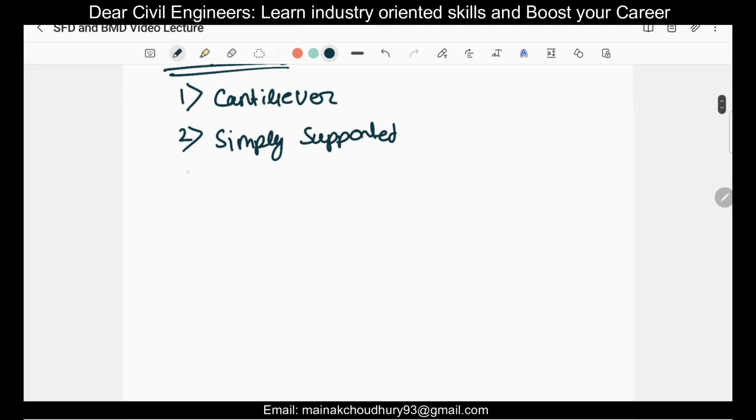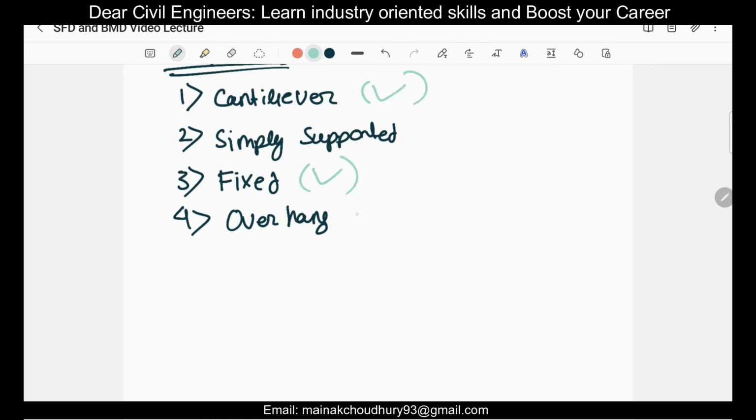Mainly you will find fixed and continuous. Then you have the fixed, and then you have the overhang. So I can say that in the practical field there will be cantilever and there will be fixed. Overhang can also be there, simply supported overhang.